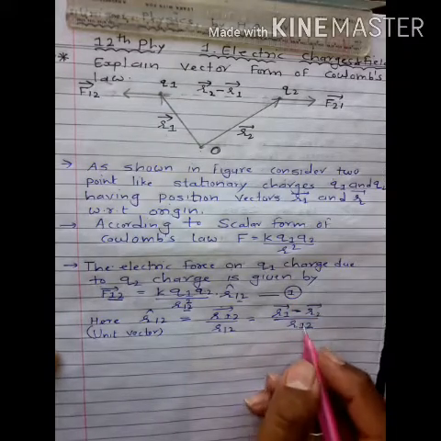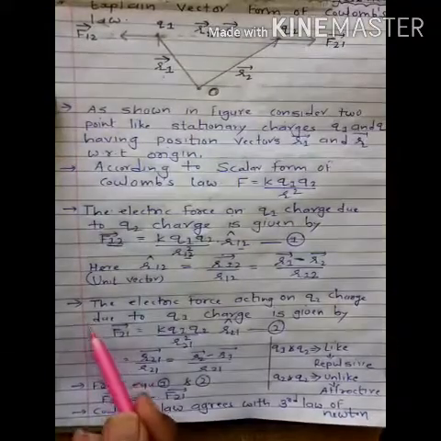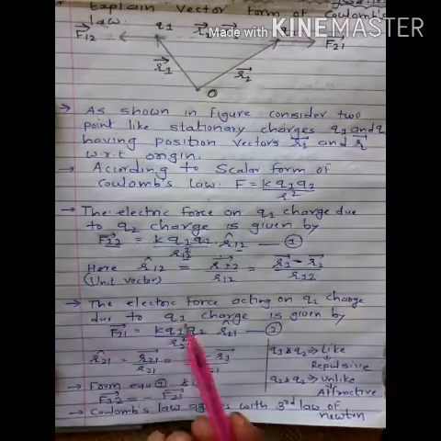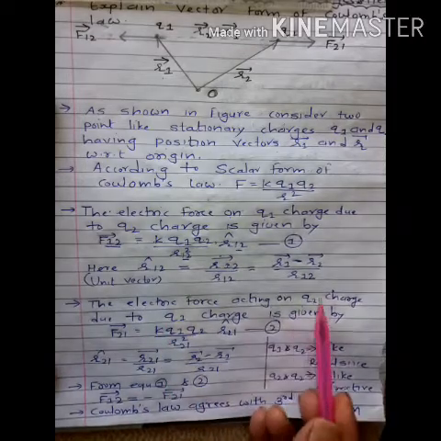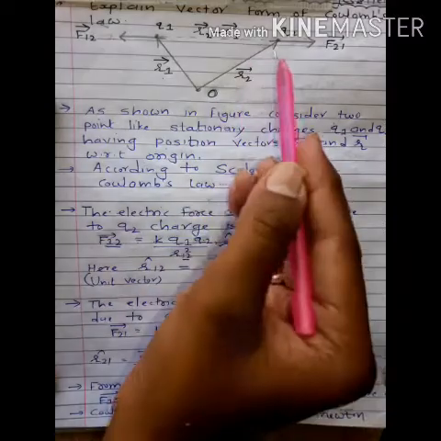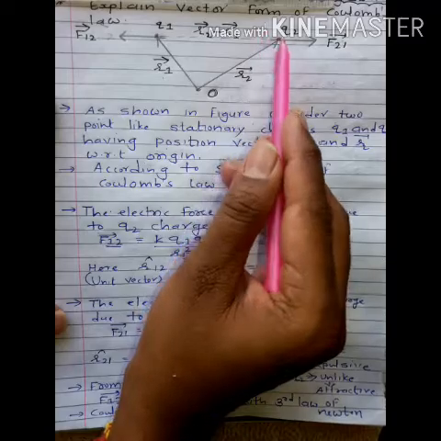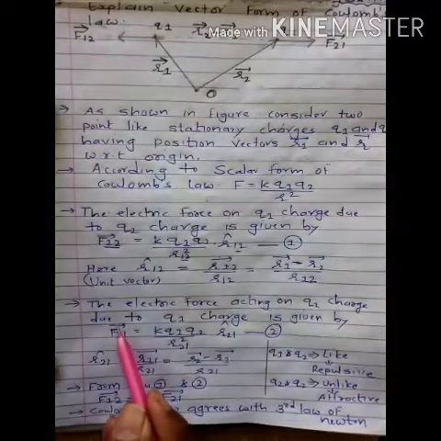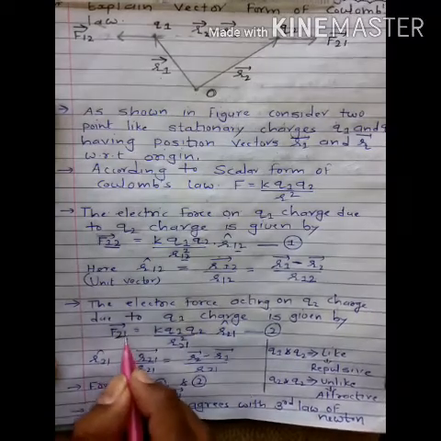Now similarly here we explain the second situation. Now consider the opposite direction of force. The electric force acting on q2 charge due to q1 charge, here we consider force on q2 by q1. It is given by vector F21, force on 2 by 1.